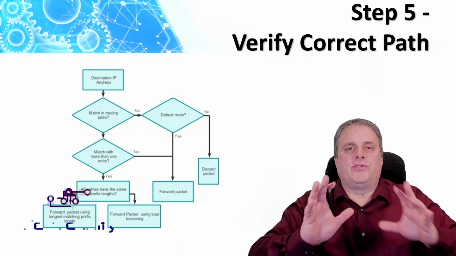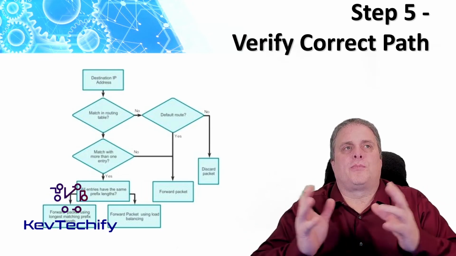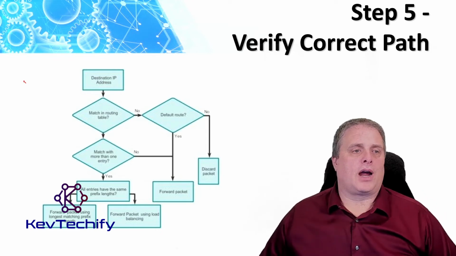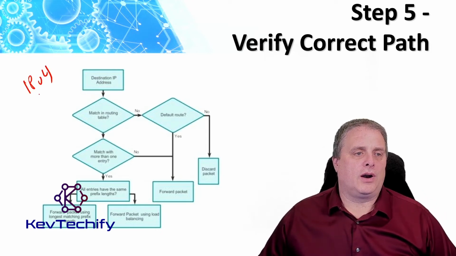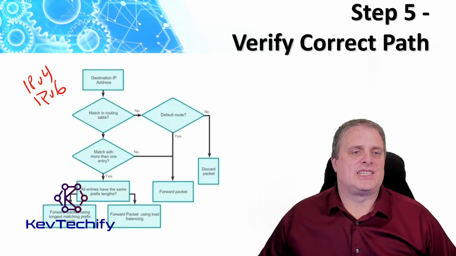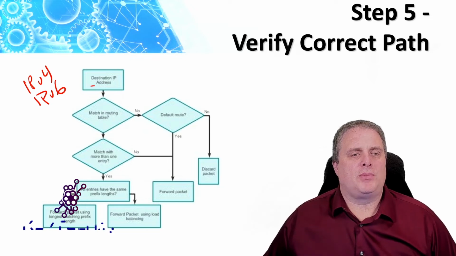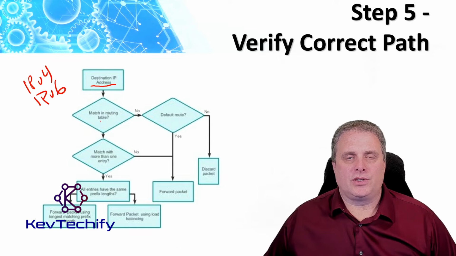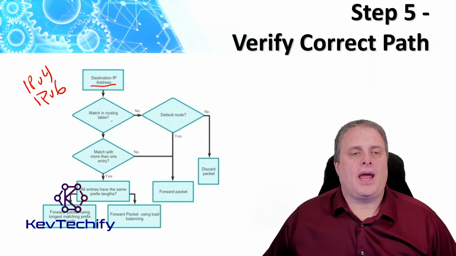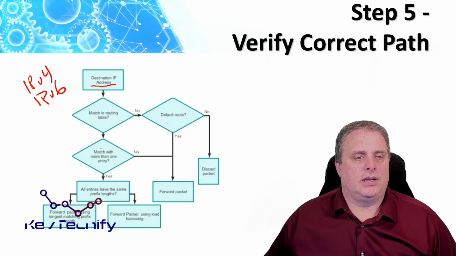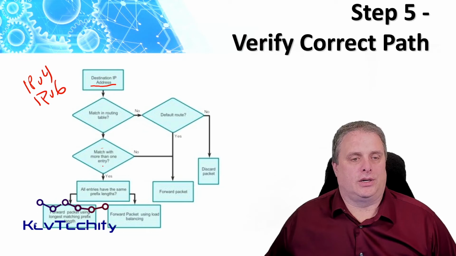In step 5, we're going to verify that we have the correct path. This step works for IP version 4 and IP version 6. What we start off doing here is we look at our destination IP address. Is there a match in the routing table? Once again, IP version 4 routing table, IP version 6 routing table. Is there a match? If there is a match, is there a match with more than one entry?